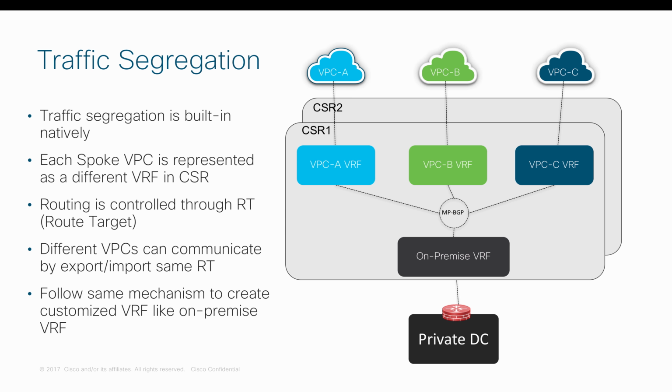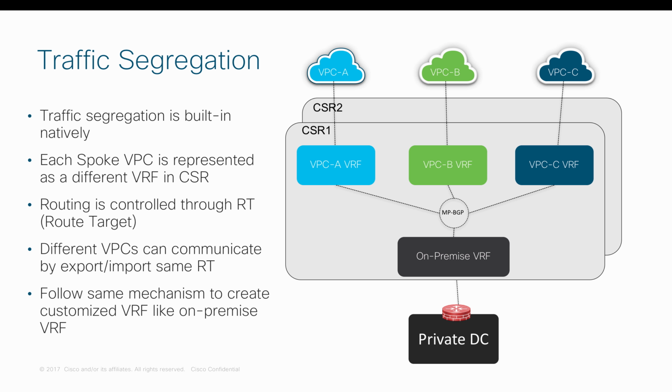So the other question I got a lot is, how do I connect to my on-prem? Let's assume this is a VPN connection, and then you need to create an on-premise VRF. You basically have to follow the same VRF mechanism and BGP routing mechanism we implemented.